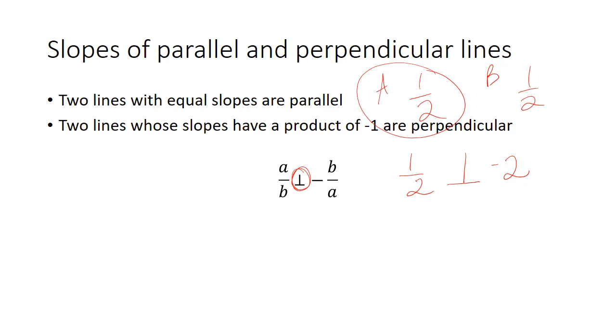So if line A has a slope of 1/2 and C has a slope of -2, then we know that they are perpendicular. The other thing to keep in mind is that all horizontal lines, so if you have a slope of 0, that is going to be perpendicular to an undefined slope. So all vertical and horizontal lines are going to be perpendicular.